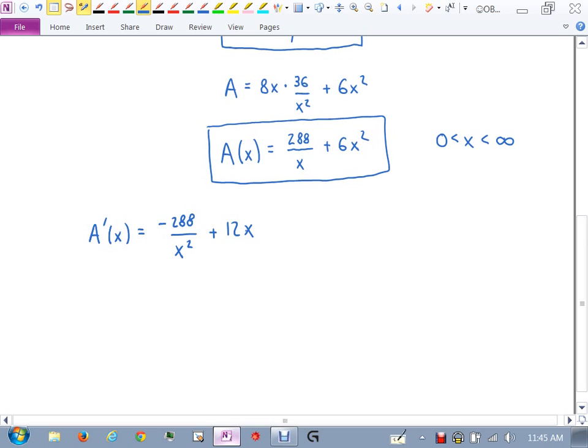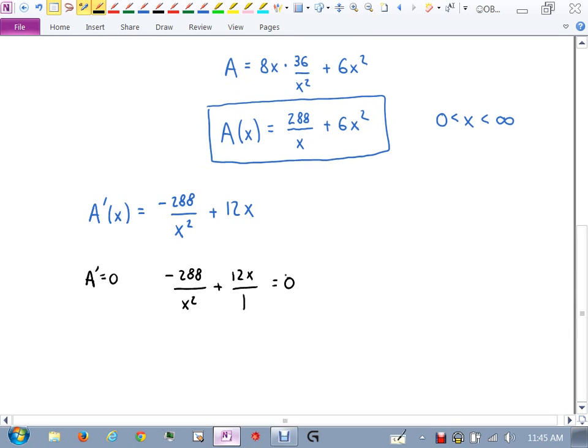And then the other one was okay, right? Derivative of 6x squared. All right. Now set it to 0, right? So we set the derivative equal to 0. Common denominator. So you multiply top and bottom of this one on the right by x squared.